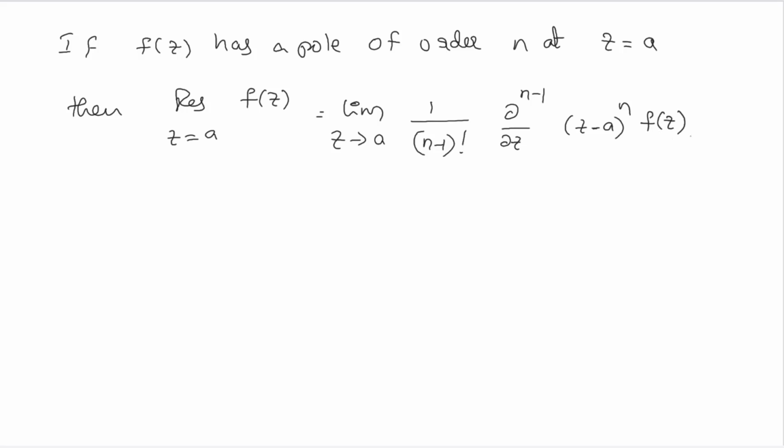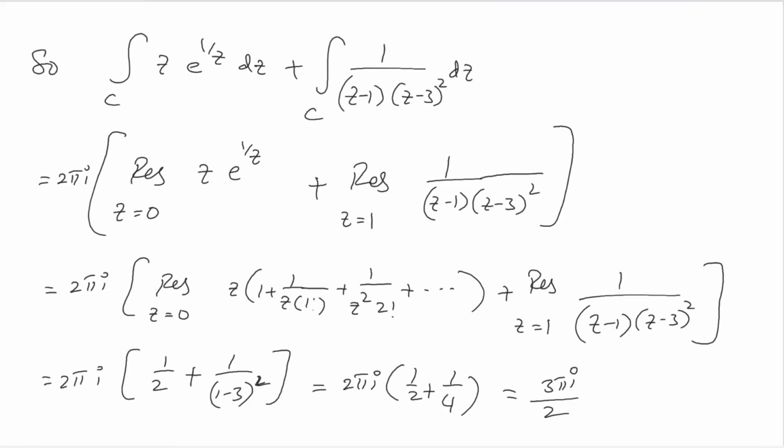This formula applies only if the singularity is a pole. Since for this function the singularity at z equal to 1 is a pole of order 1, I just applied that formula.